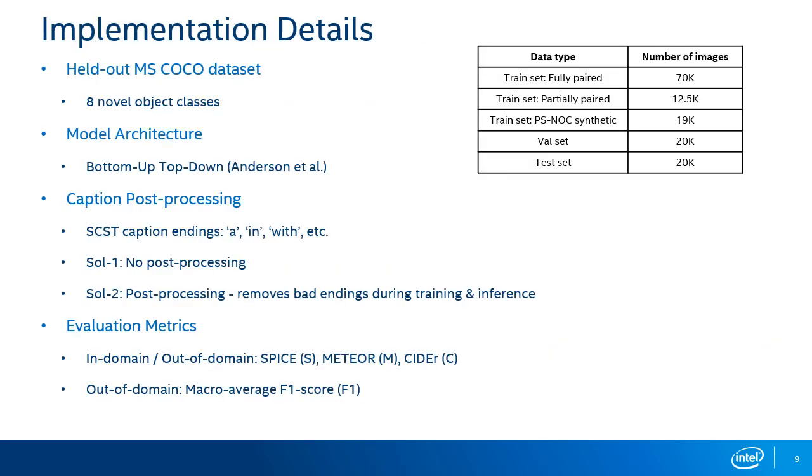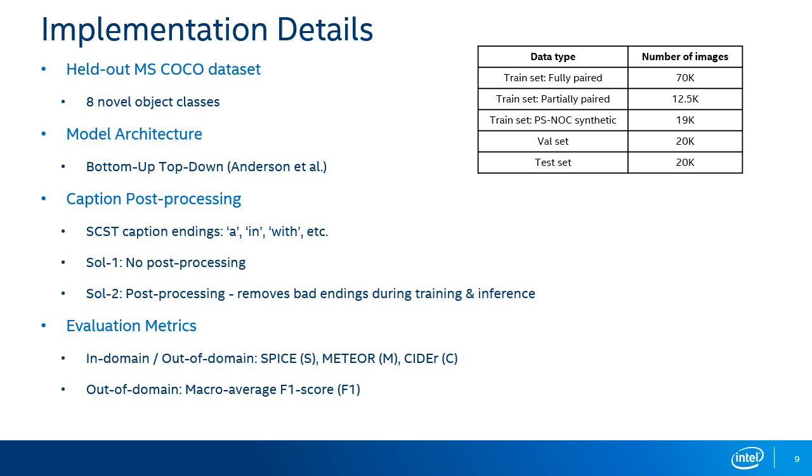We perform experiments using held-out MS-COCO dataset that has 8 novel object classes. The dataset numbers, including our synthetic data, are shown in the table on the right. We use the popular bottom-up top-down model architecture in our experiments. We notice that SCST results in captions with bad endings. We perform post-processing to remove such endings.